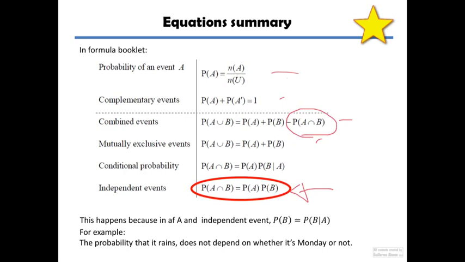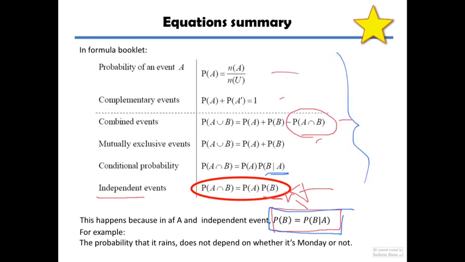Since, if they're independent, the probability of B happening when we know A is happening is the same as the probability of B, because if A happens, it does not affect the probability of B happening. They are independent. Therefore, this happens. So we can just extract this formula out of this one here. Once we know it's independent, the only thing you have to remember is that the probability of B happening is the same as the probability of B happening when we know A is happening.